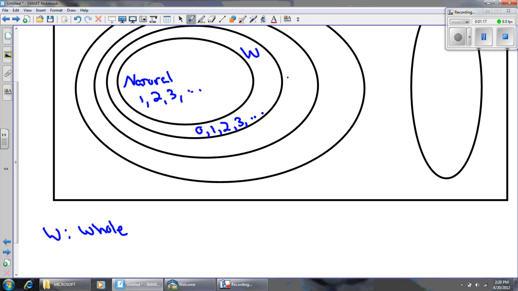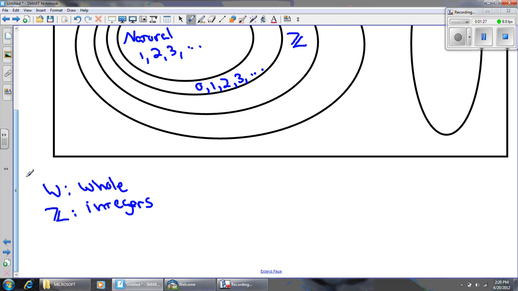All right, then the next one we had were the integers. Right, Z was the integers, okay, and the integers are the ones I like to think of as a number line. Now, a lot of you make this mistake, and I hope you're listening closely. The integers do not include negative fractions. They only include the negatives of the whole numbers.